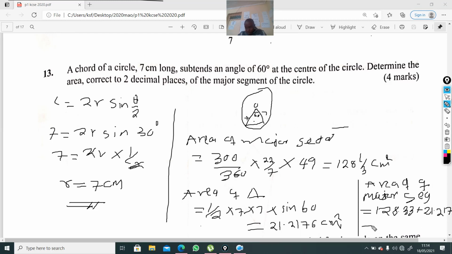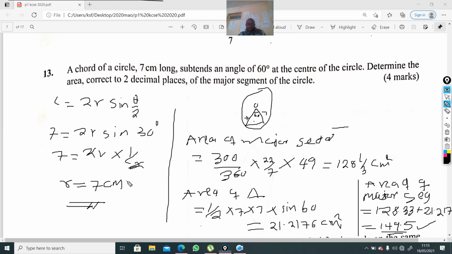You add the two, you get 149.5 to one decimal place. The question was asking for one decimal place.